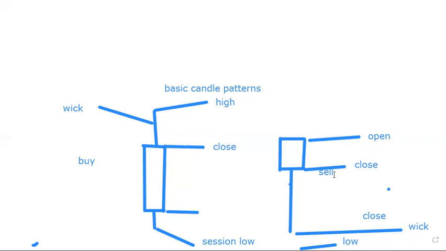So reconstruct that part back and let's continue. Okay. Sorry, ma'am. The buyers came into the market and pushed it up. But still, the candle did not close above the opening price. So the seller still won.